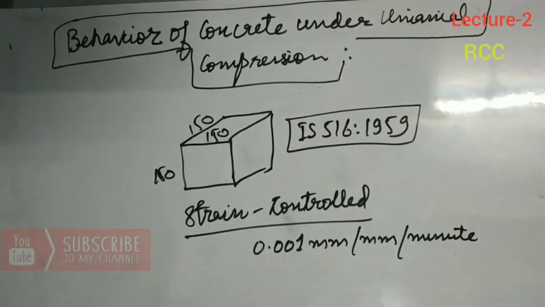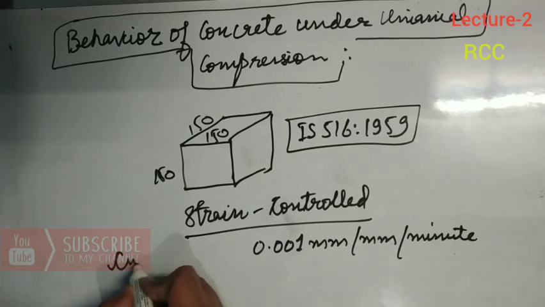So this is the strain rate and it is uniform. The maximum stress attained in this loading process is called the cube strength of concrete.